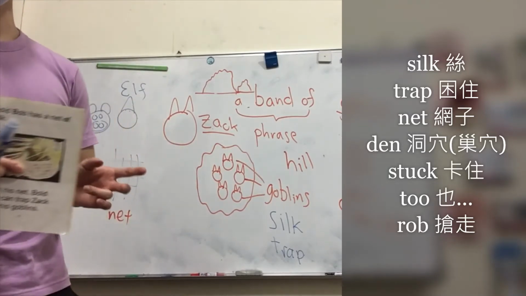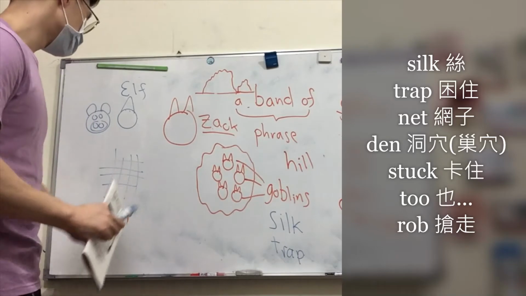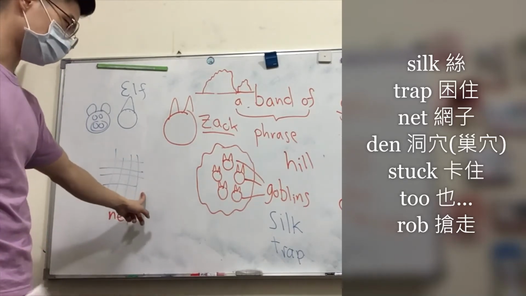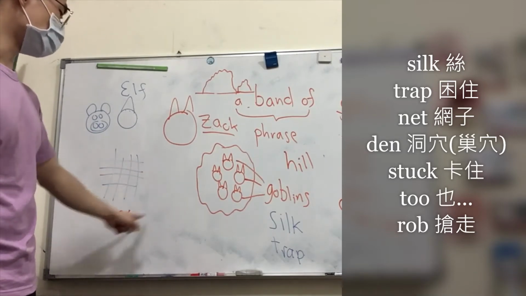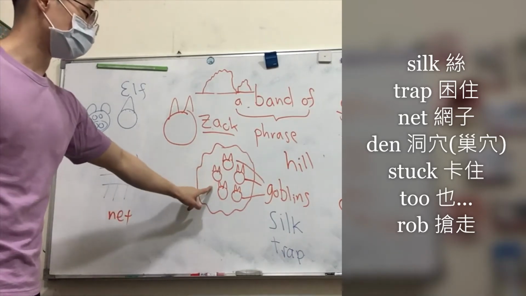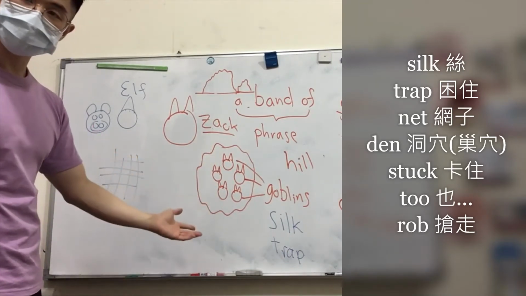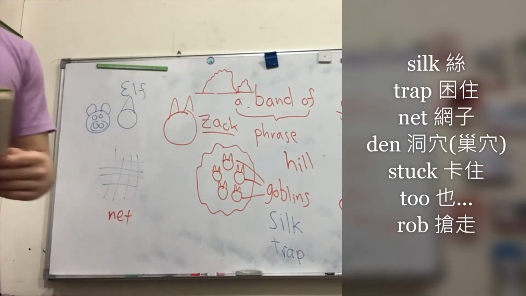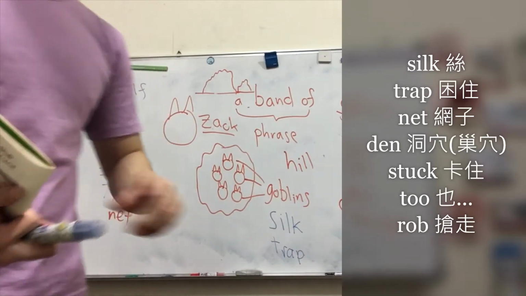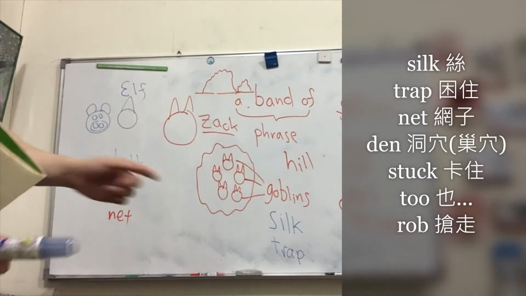So for example, if I use the net to trap the goblins, the goblins are stuck in my trap. I hope that you can understand what I'm talking about.